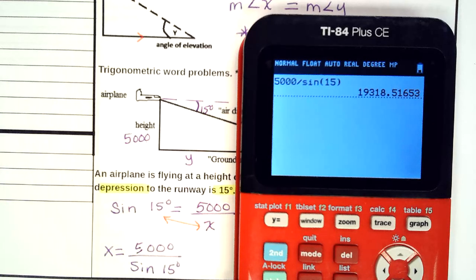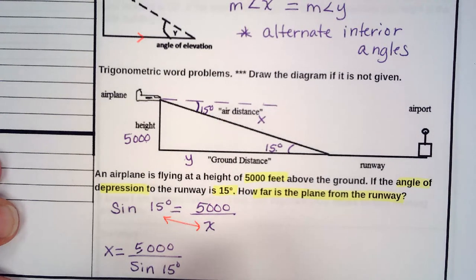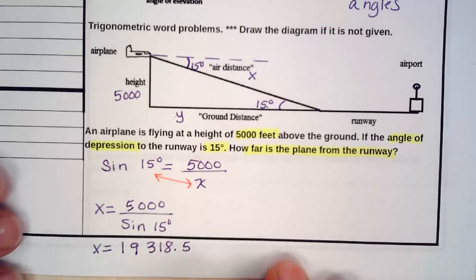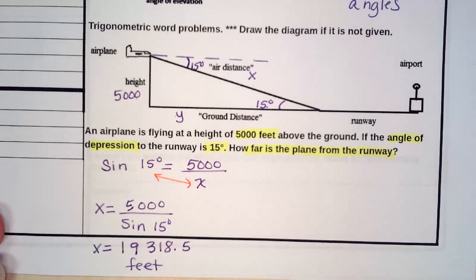And what do we get? A big number. So x is equal to 19,318.5, and that would be feet. So that's how many feet it is from the runway.